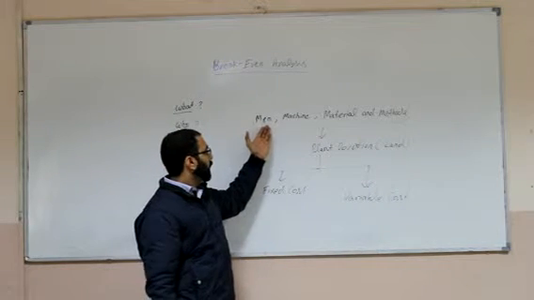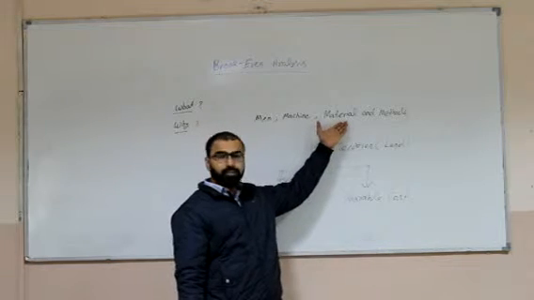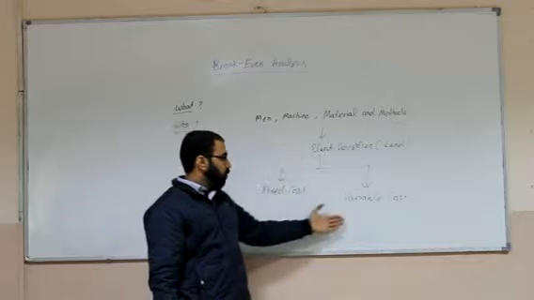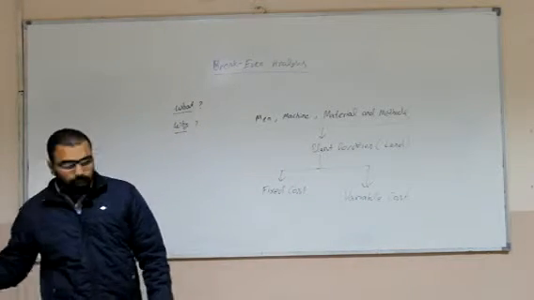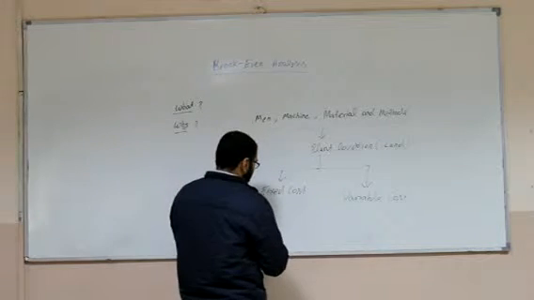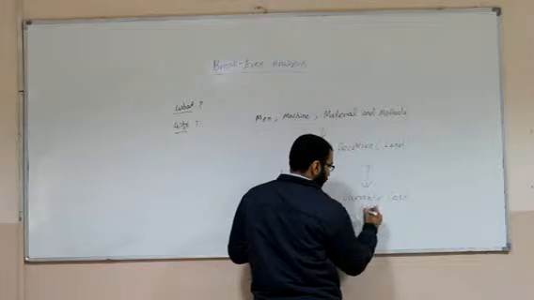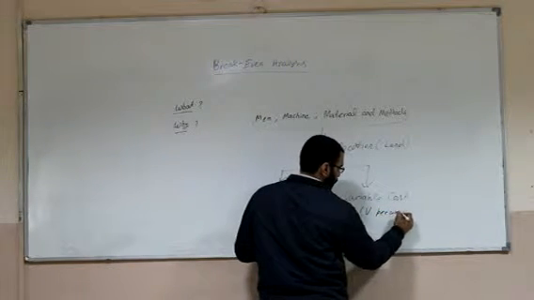If I want to produce more products, I have to invest more on material, more on machine, more on men. So variable cost will also vary. Fixed cost is represented by F and variable cost by V, and it is per unit.